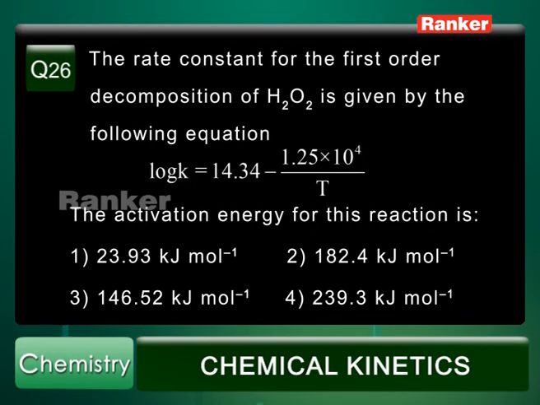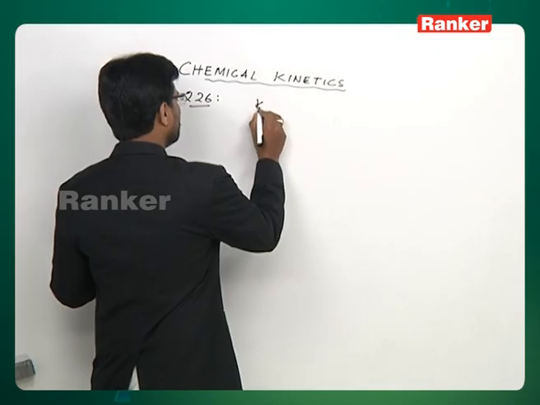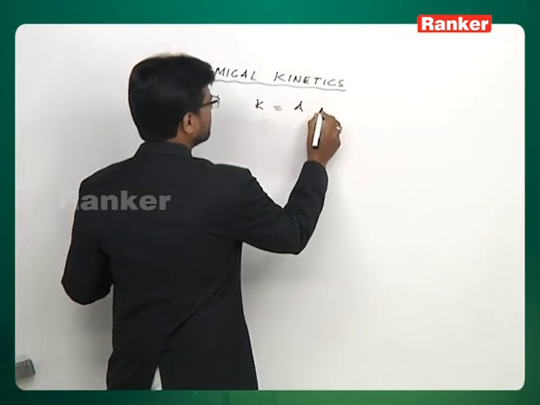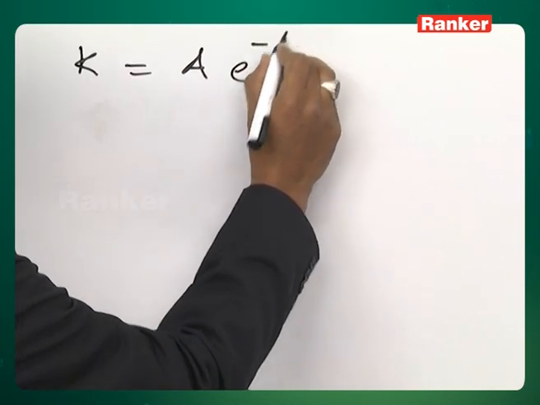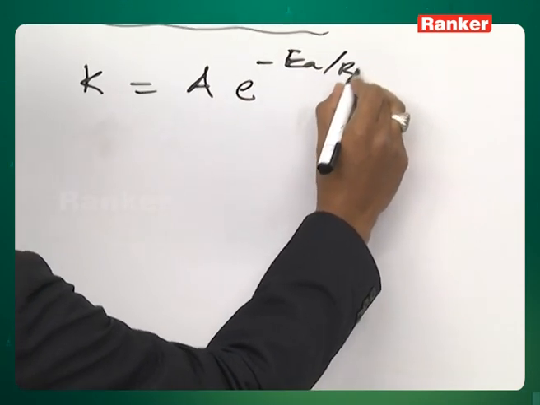Question number 26. The rate constant for the first order decomposition of H2O2 is given by the following equation: log K equals 14.34 minus 1.25 into 10 raised to 4 divided by T. The activation energy for the reaction is. Actually, this equation is obtained from the Arrhenius equation. See, K equals A into e power minus EA by RT.